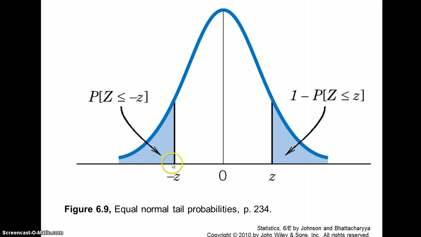And the area under the curve, if Z is smaller than this number on the left side, Z is capital Z. We use capital Z for the random variable, the standardized variable, and this little z is a number which will be given. So what's the probability of Z less than this number, negative z?